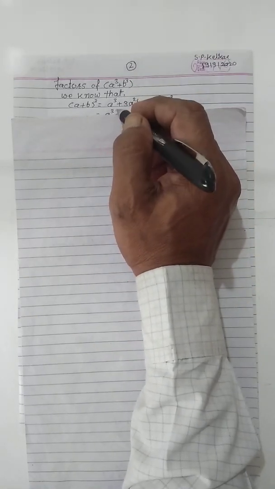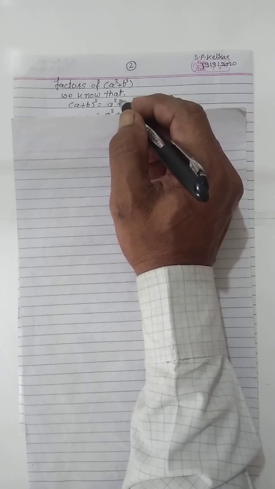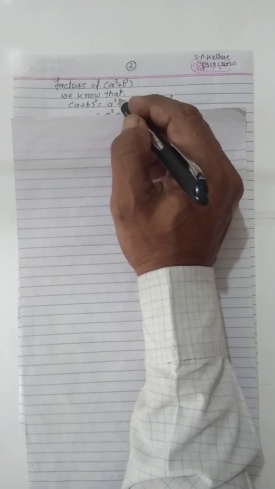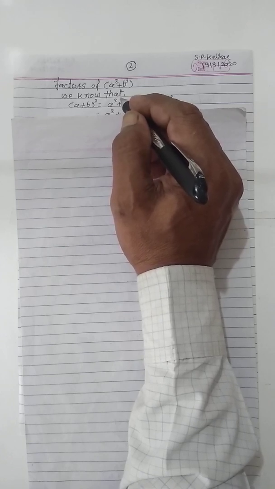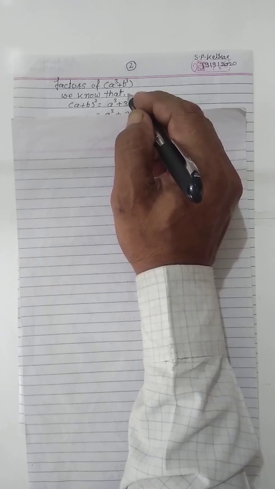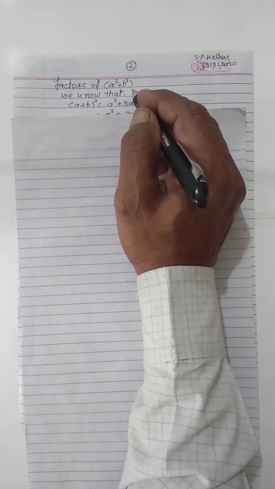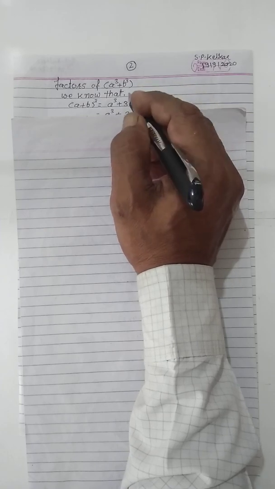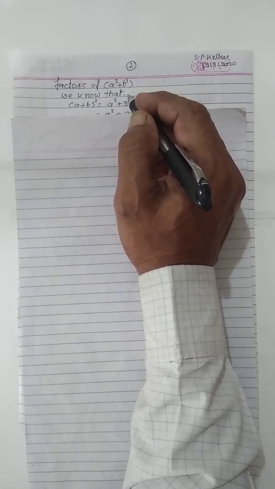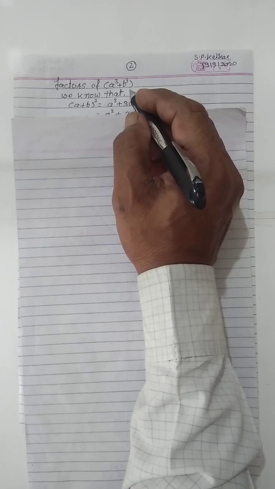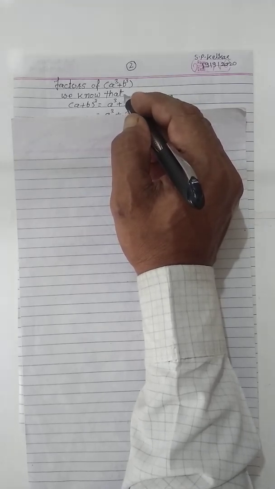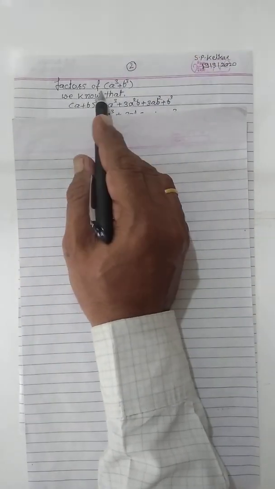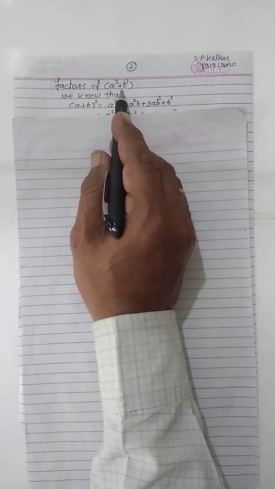In the previous chapter we already saw the expansion formulae, that is (a plus b) whole square, (a minus b) whole square, (a plus b) whole cube, (a minus b) whole cube. In this way we saw the expansion of the formulae.